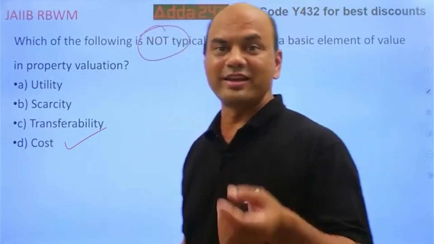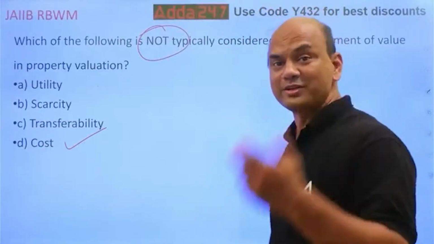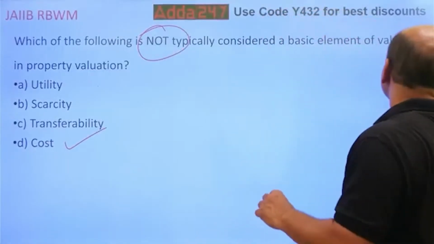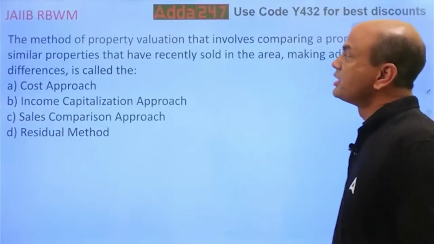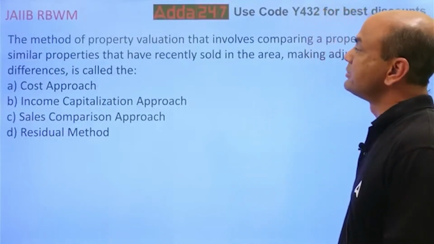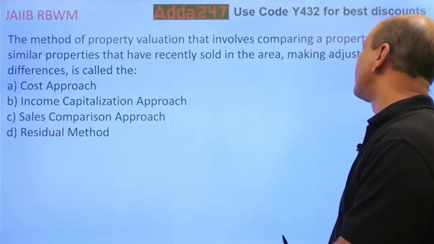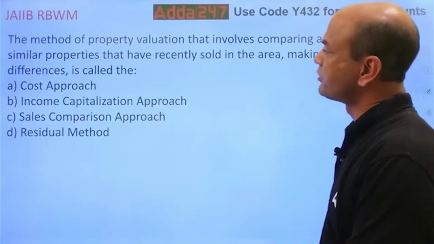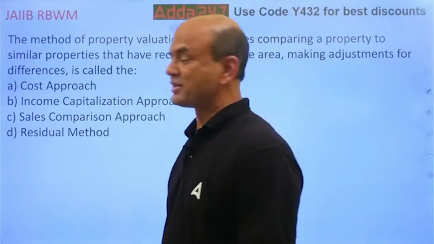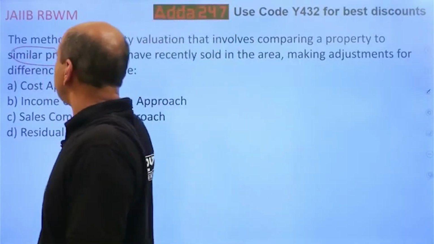Okay? Wedding ring. Cost, value. Or Mangal Sutra to females. Cost, value. Isn't it? The method of property valuation that involves comparing a property to the similar properties that have recently been sold in the area, making adjustments for differences is called as, very important one, similar properties sold at what rate?